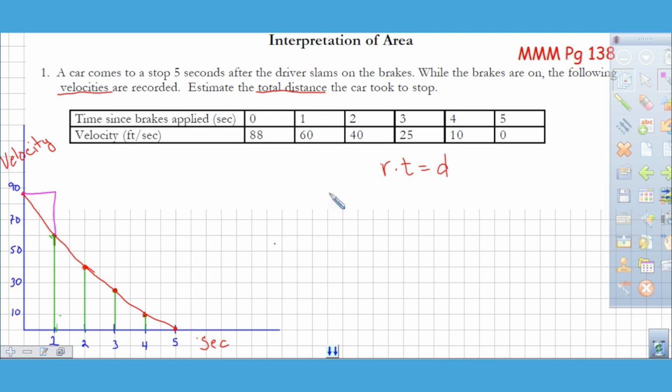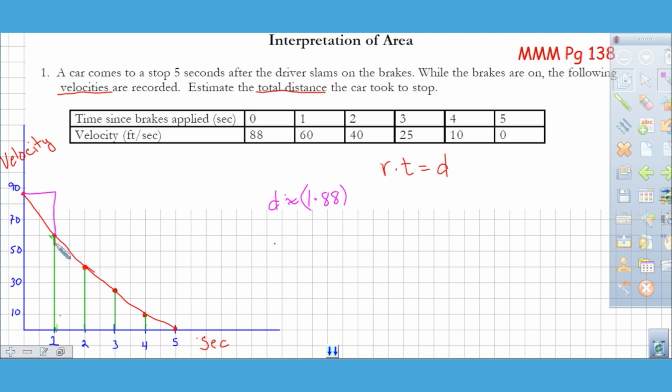So I'm going to write the distance estimate. The distance estimate is going to be about 1 times 88. 1 times 88 is that first rectangle, because that's how wide it is and that's how tall it is.